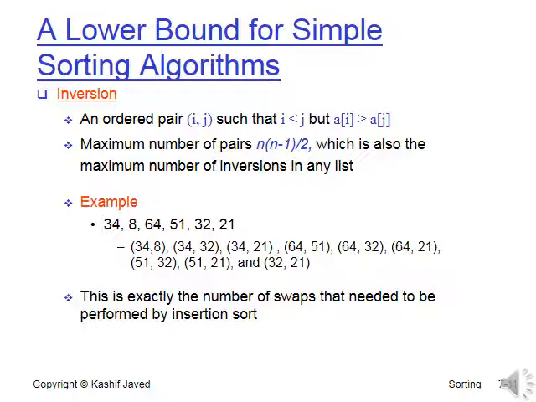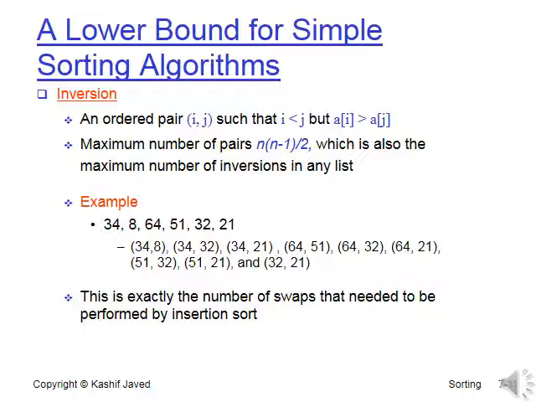Swapping two adjacent elements that are out of place removes exactly one inversion. For example, you have 6 numbers in the following sequence: 34, 8, 64, 51, 32, and 21. You need to swap 34 with 8, then 34 with 32, then 34 with 21.